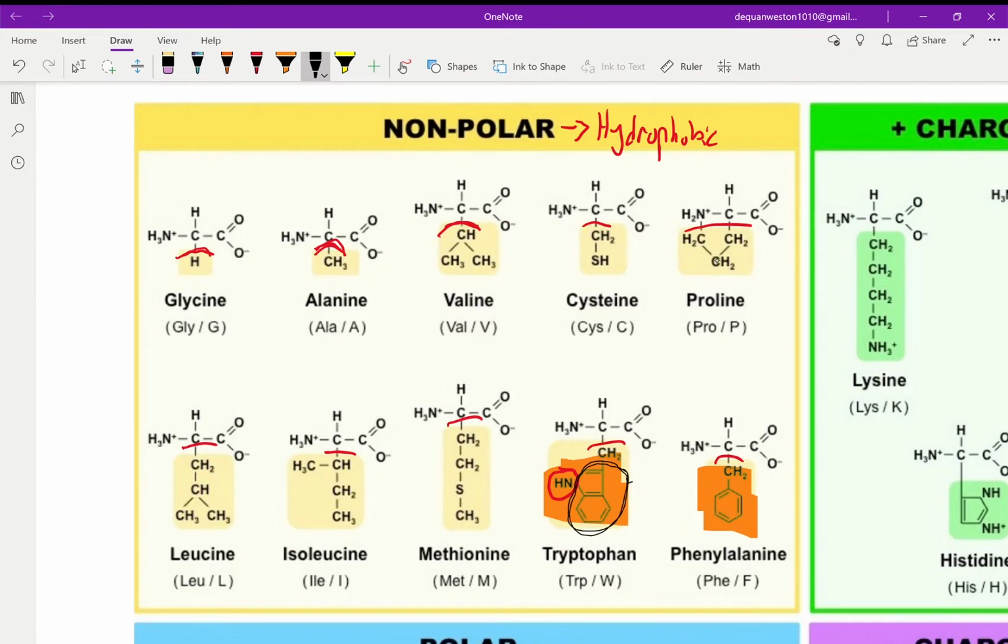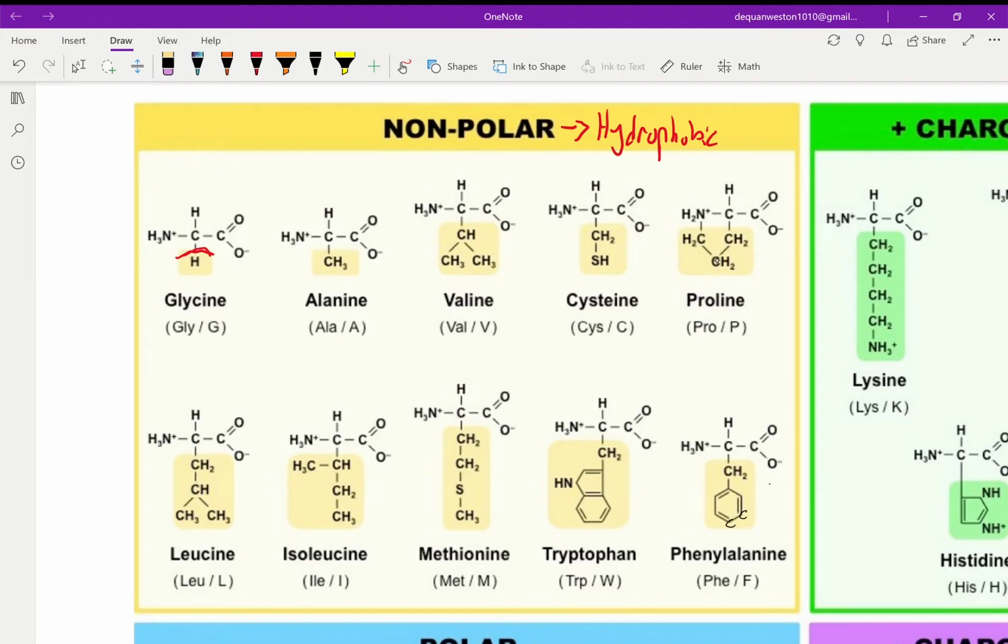It's so big that this little area of polarity really doesn't have an effect, which is why this is going to be nonpolar. Over here, we just have a very basic phenyl. And remember, this phenyl ring, those are little carbons right there. So that's nothing but carbon hydrogens. And we know that carbon hydrogens are hydrophobic.